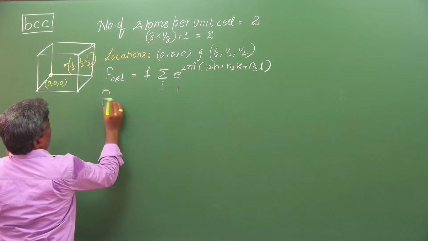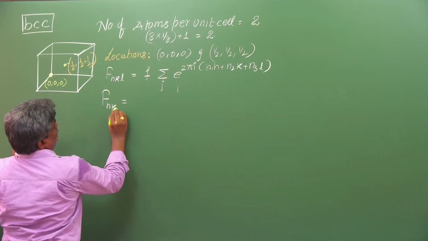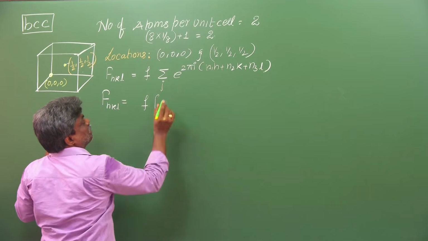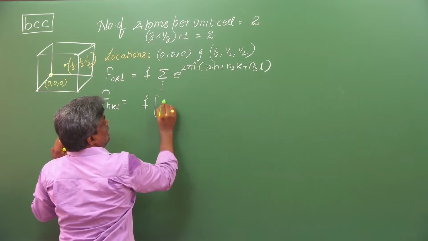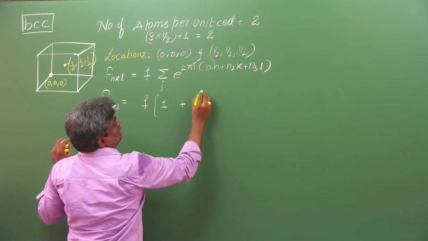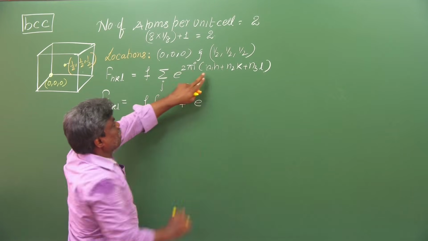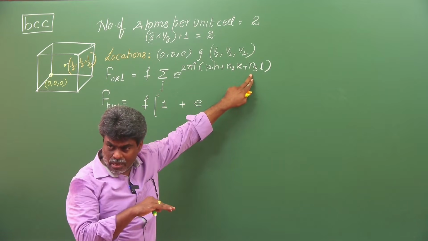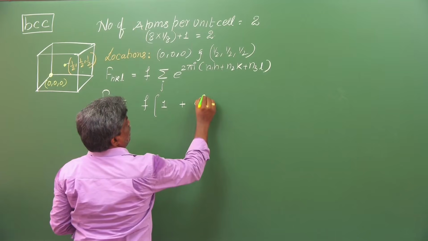Now this capital F I am writing as F_HKL, and this is the small f. Now I am removing the summation. First, 0 0 0, that is why it is 1 plus e raised to 2 pi i n1 n2 n3, half half half. Half gets common, 2 gets cancelled.